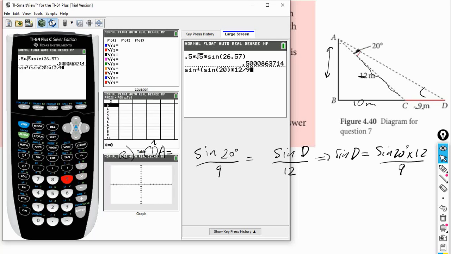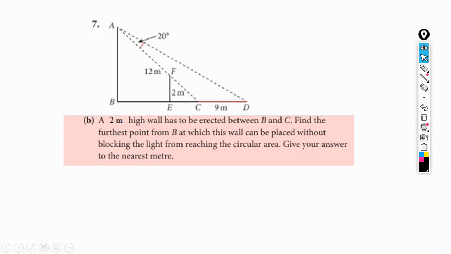So sine of 20 times 12 divided by 9, close that, and the inverse sine of this is going to give us 27.13 degrees. So let's write that down: angle CDA is going to be 27.13 degrees.